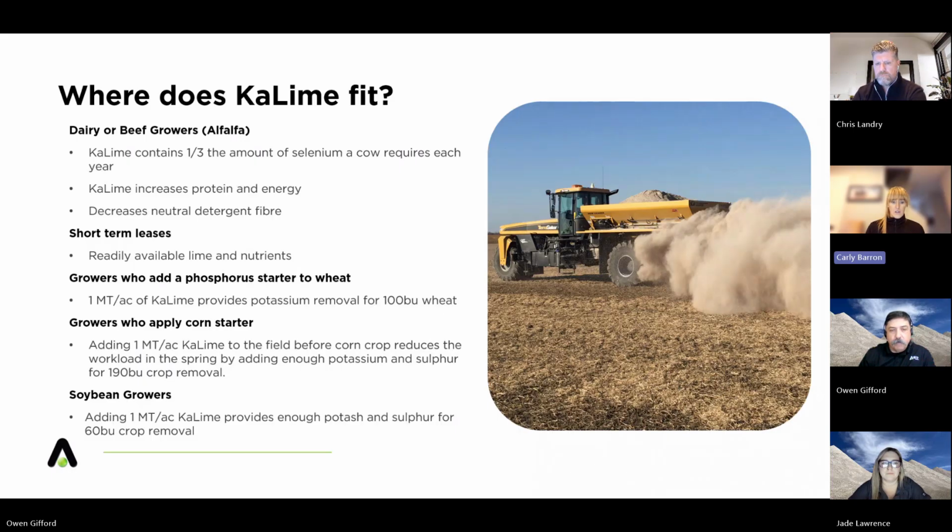Growers who apply a corn starter, adding a metric ton of Kalime to the field before corn reduces the workload in the spring by adding enough potassium and sulfur for a 190 bushel corn crop. And then soybean growers as well, adding a metric ton of Kalime will provide enough potash and sulfur for a 60 bushel crop removal.